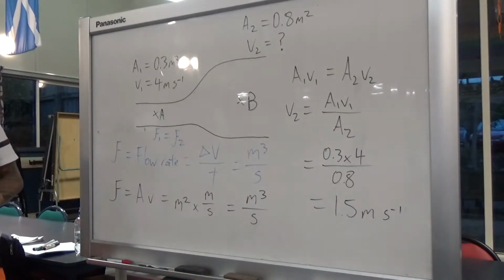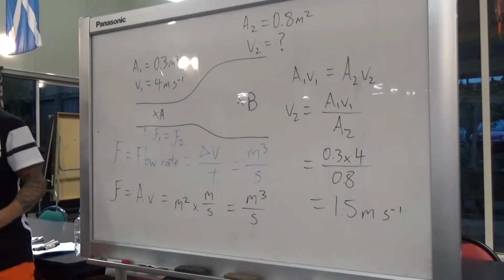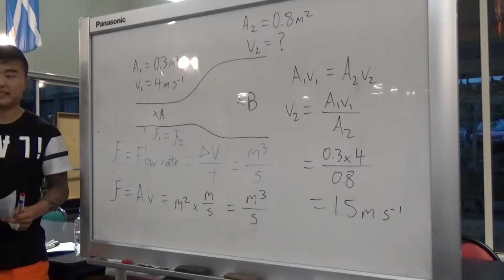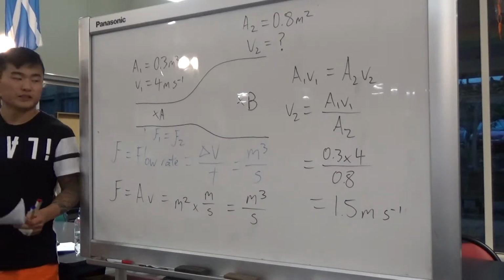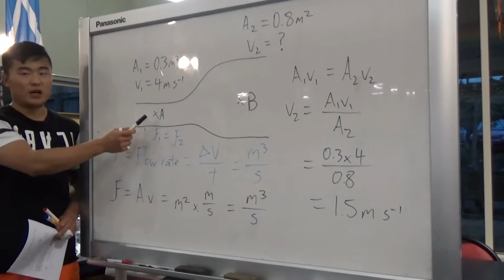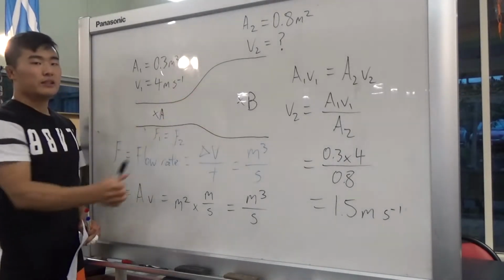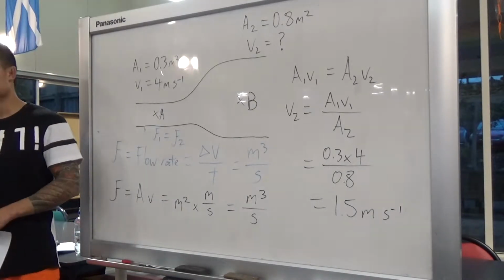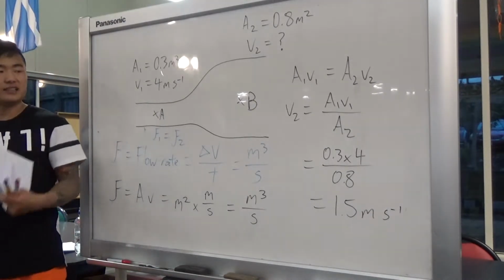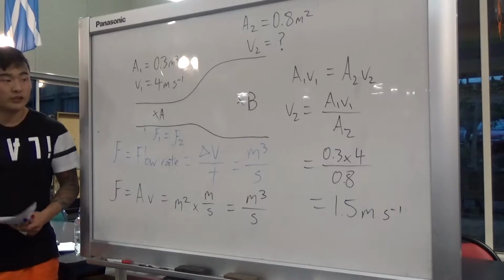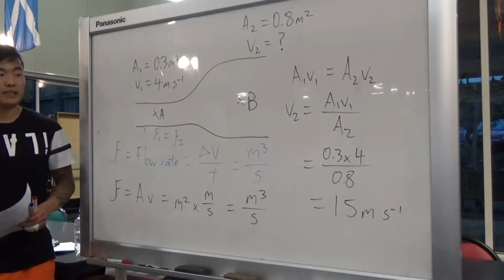Okay, so what's happened to the velocity of the liquid? It's decreased, right? So as the pipe gets wider, the liquid is going to slow down because you now have more area. Okay, and that's going to be proportional.